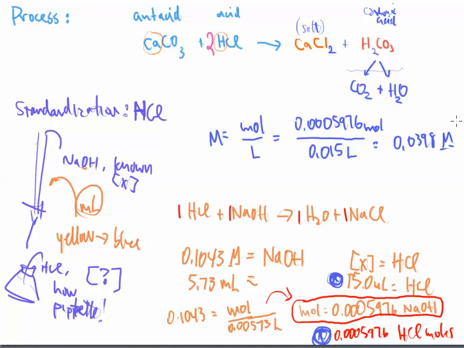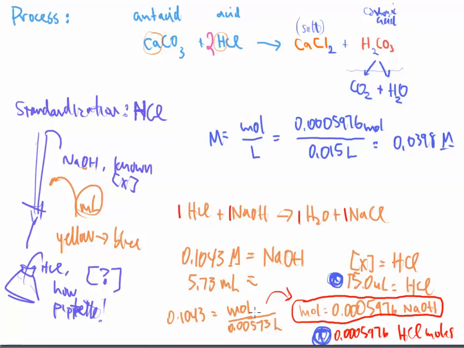So again, I know the concentration of NaOH. It's been standardized already for me. I just have to assume that that number is true. I know how much volume it took to titrate. I take those two numbers and plug it into the molarity problem down here. I know my molarity. I know how many mils it took.